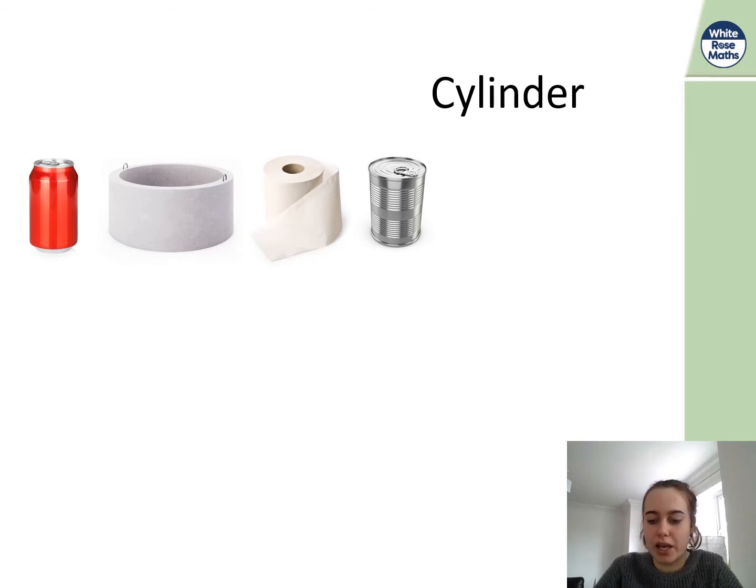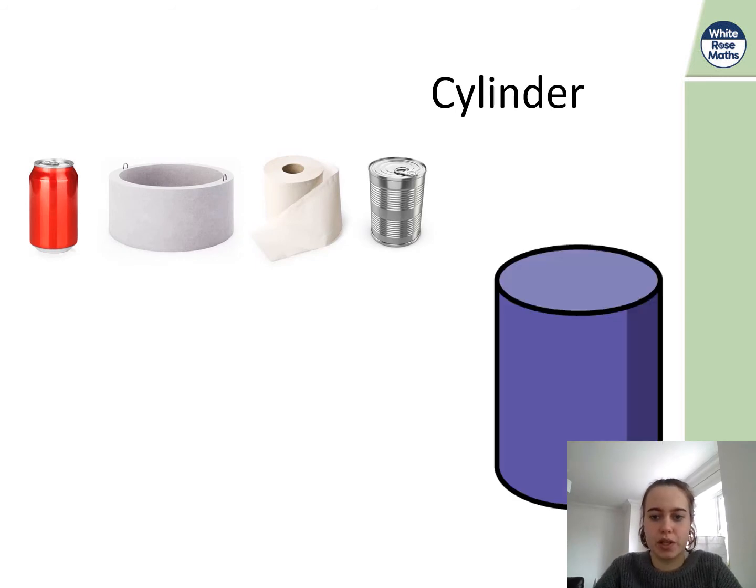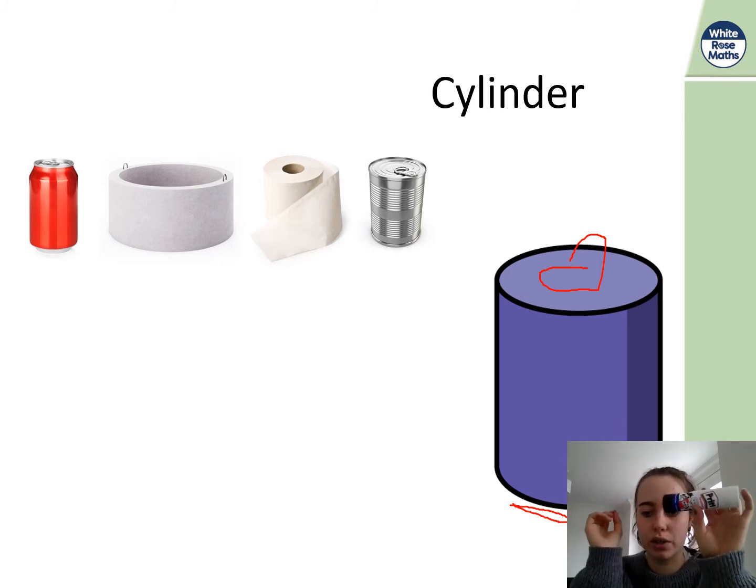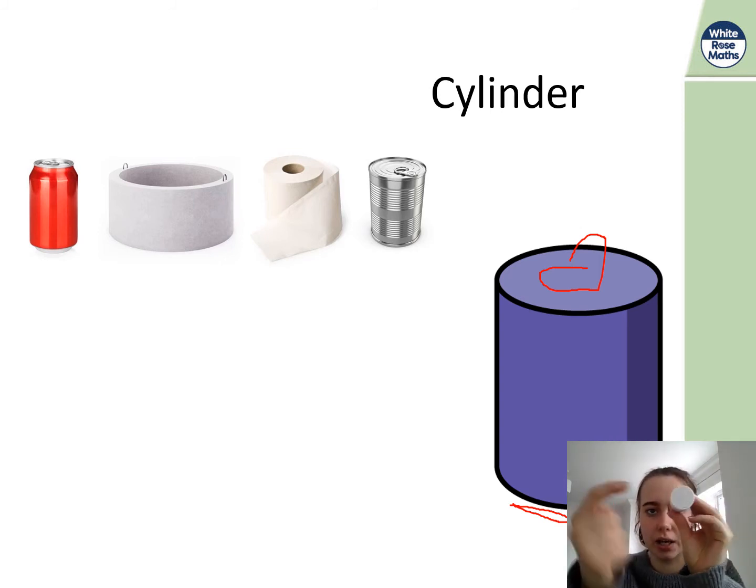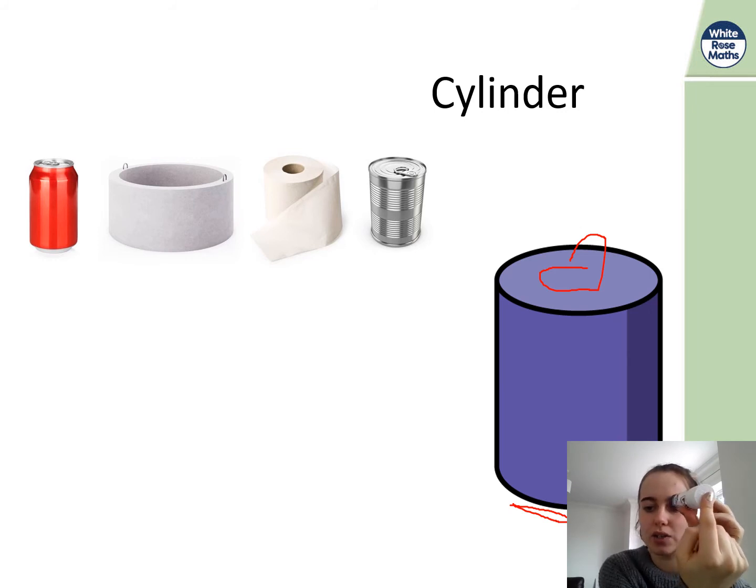Another 3D shape is a cylinder. So that's this shape here. Now a cylinder has two circles. Two faces that are circles. So for example, I've got a glue stick here. This is a cylinder shape. It's got a circle face on this end and a circle face on that end. So it's got two circle faces. Tins or cans can be a bit like that.